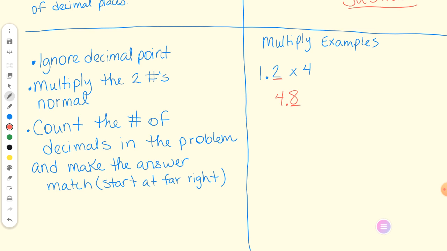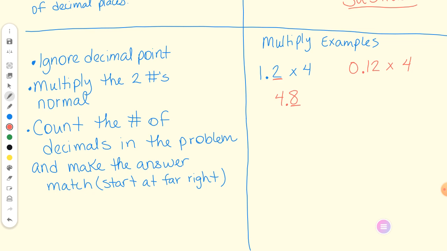I'm going to use those same numbers and change the problem, just to show you how to count the decimal places. We know how to multiply. I'm showing you how to count the decimal places. I'm going to change this to 0.12 times 4.